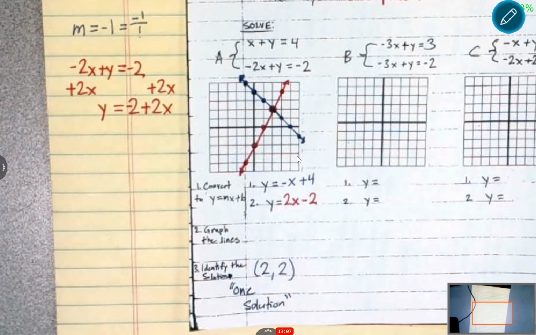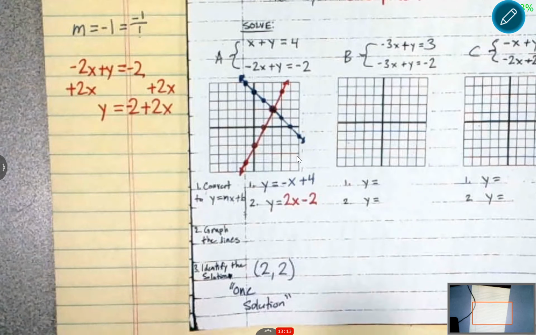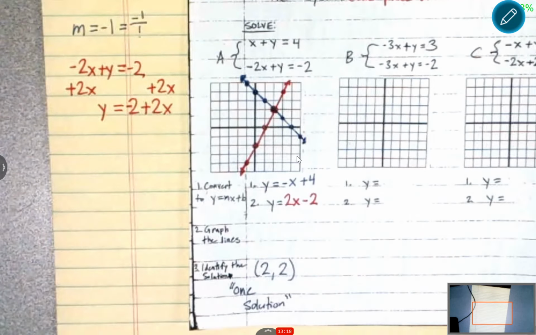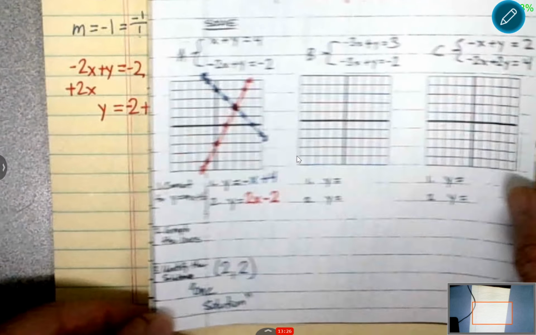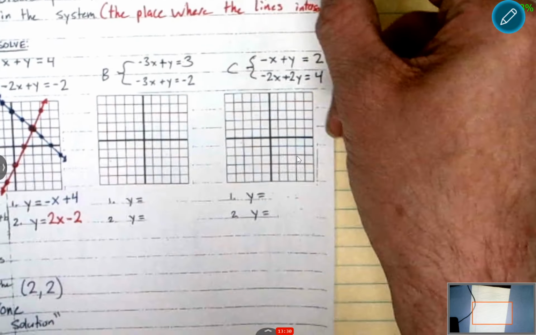On a graph, there's only one place where they cross. Any questions about the situation where the lines cross exactly once and there is one solution to my system? Awesome. So let's go ahead and look at B.